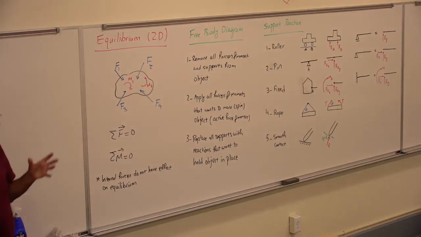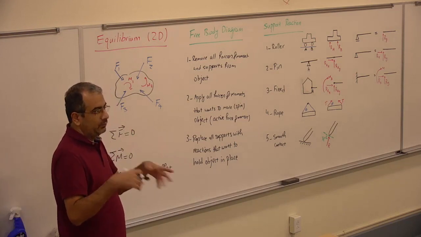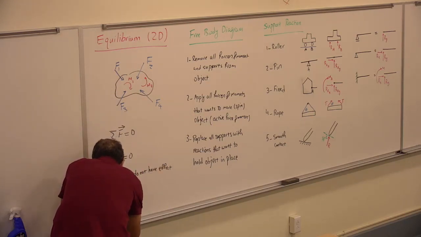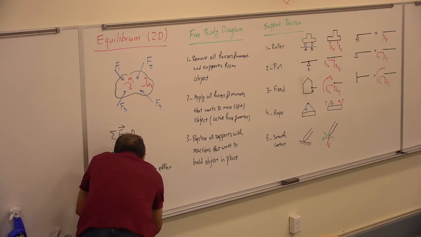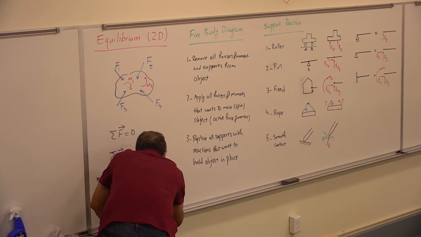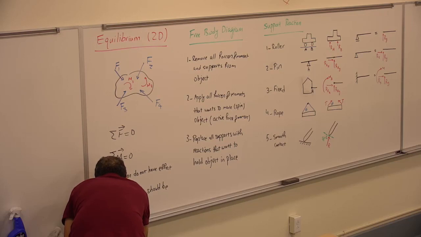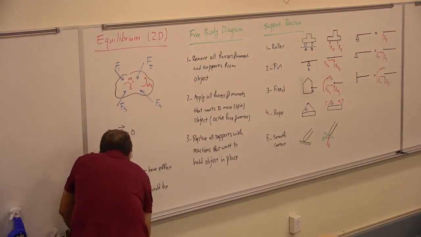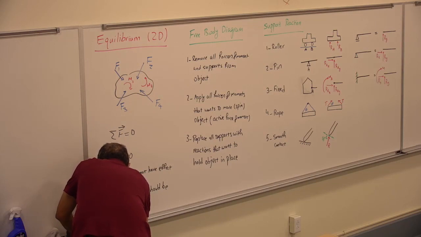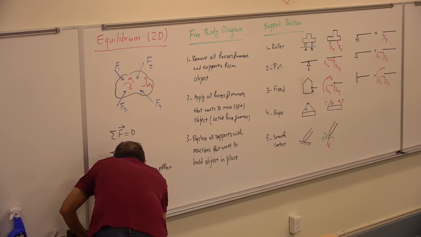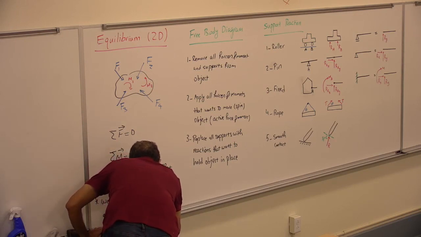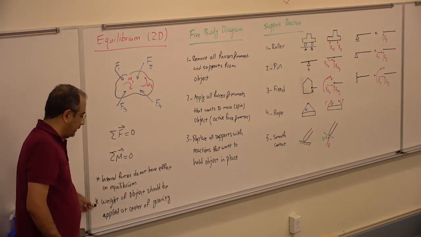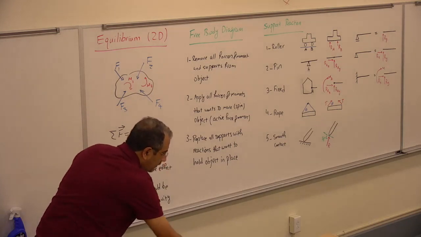And the second is that if you are told that the object has a weight, the weight should be applied at the center of gravity.